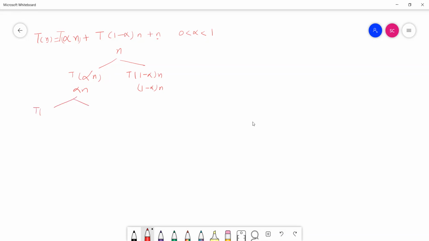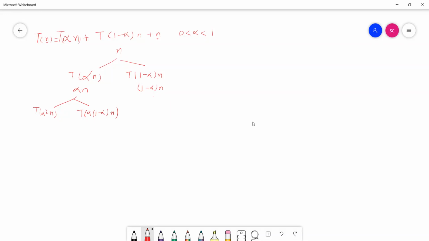We are getting alpha square n and alpha into (1 minus alpha) n here.